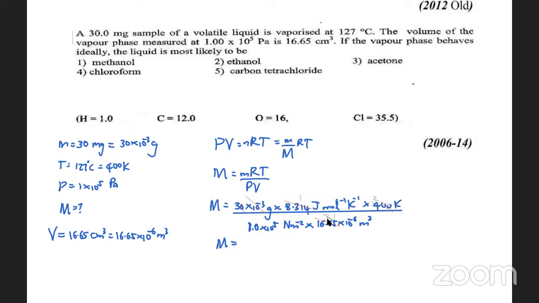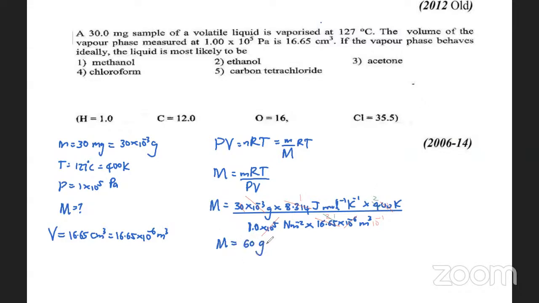The 10 to the power 5 and 10 to the power minus 6 you can simplify now, people. Simplify them and put 10 to the power minus 1, right? So on top 6, at the bottom 10 to the power minus 1, so the final answer is 60 for me, approximately. Anyone who got 60?